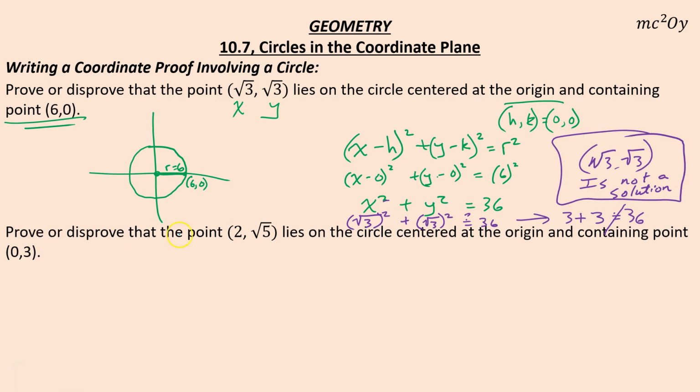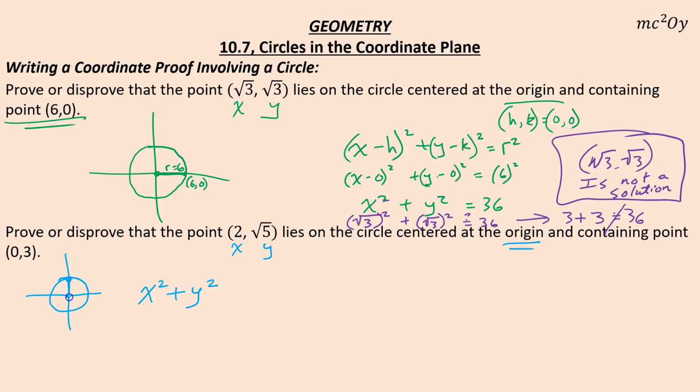All right, trying another one. Prove or disprove that this coordinate (x, y) lies on the circle centered at the origin. So once again, you're going to have x squared plus y squared. Okay, if it's centered at the origin, it's just x squared plus y squared, and containing (0, 3). So here's our circle, (0, 3). Okay, that is a horrible circle. Let's try again here. All right, that's a little better.